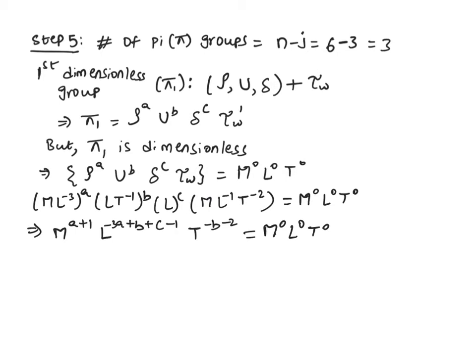Now let's try to equate the powers and try to solve them. So a plus 1 is equal to 0, minus 3a plus b plus c minus 1 is equal to 0, minus b minus 2 is equal to 0.